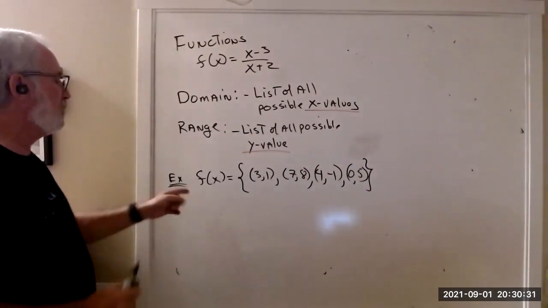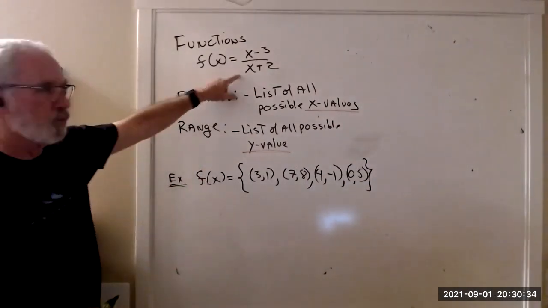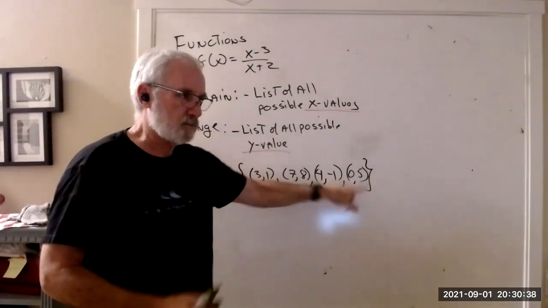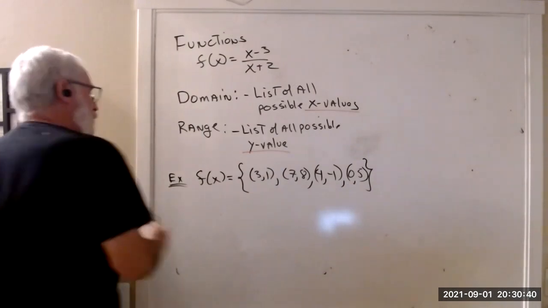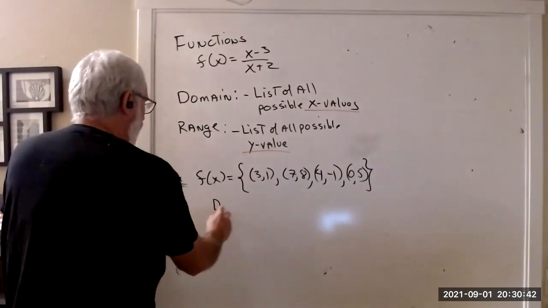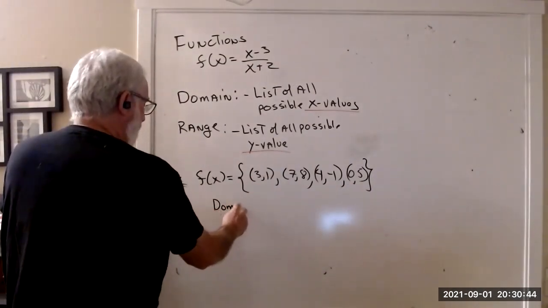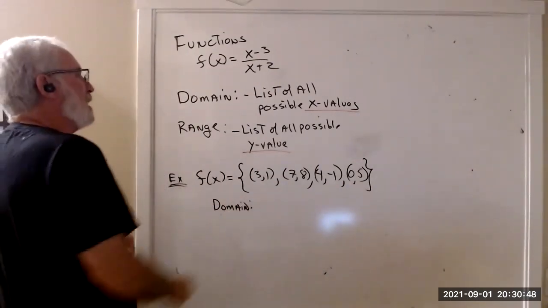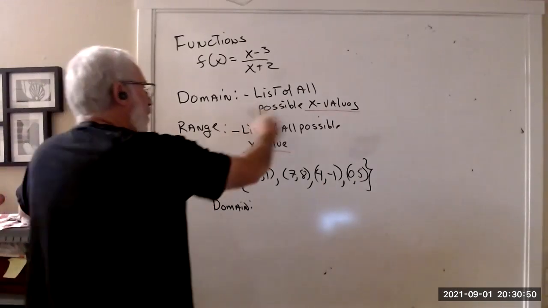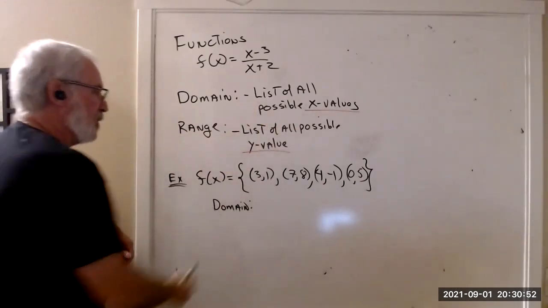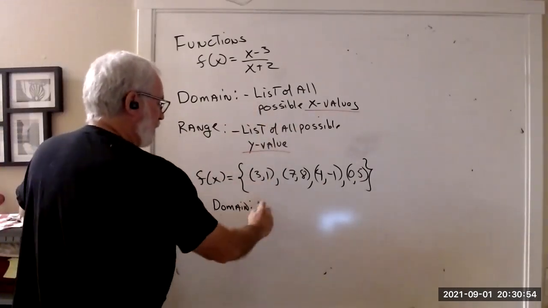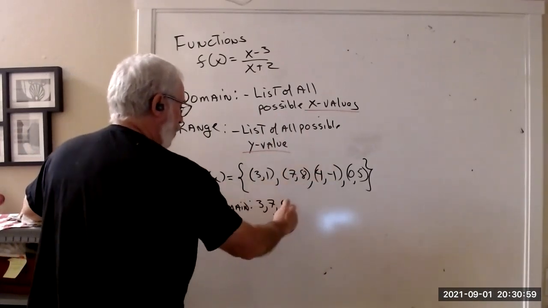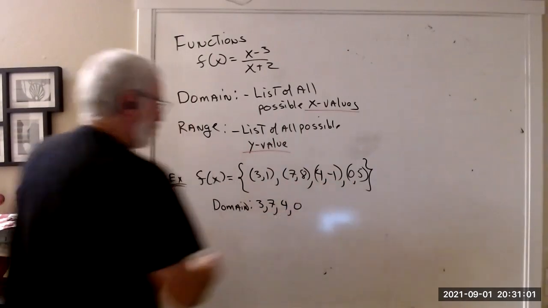So instead of my giving you f of X as a rule, I'm giving you f of X as this. Okay. The domain of this picture, remember, domain is a list of all possible X values. So in this problem, your domain would be 3, 7, 4, 0.